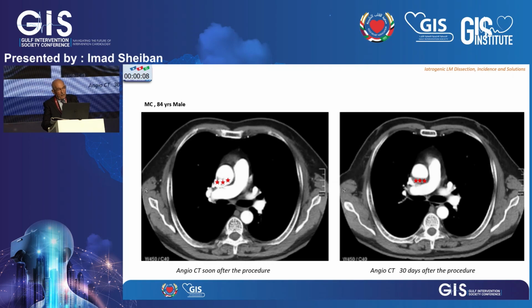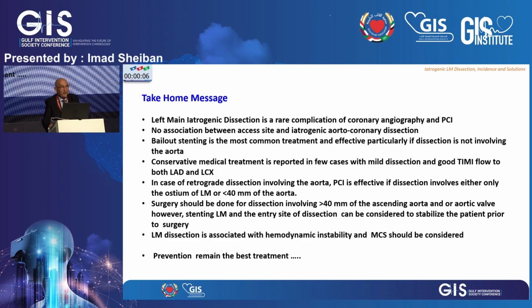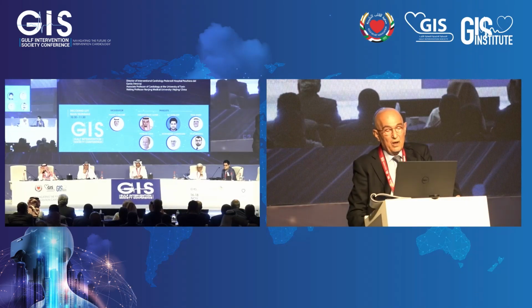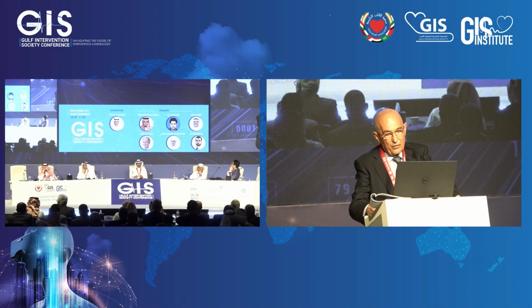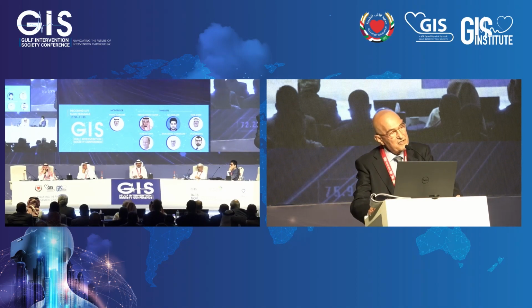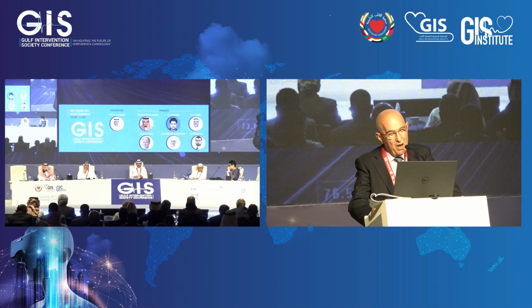And my take-home message: left main iatrogenic dissection is a rare complication during coronary angiography or intervention. I think that stenting in most cases can be effective and should be done as soon as possible.